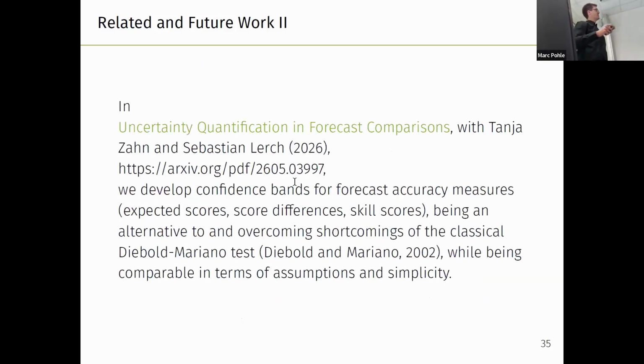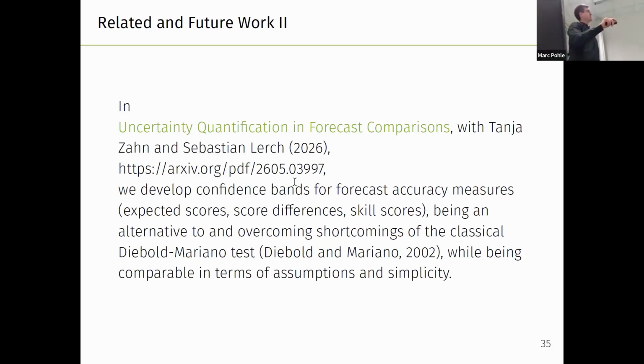Okay, and if you're not interested at all in autocorrelations, I thank you that you attended anyway. What I usually do in most of my research is forecast evaluation, as Christoph said in the beginning.